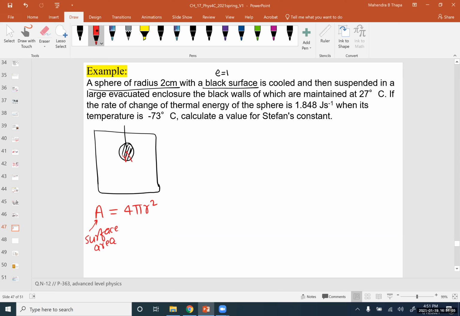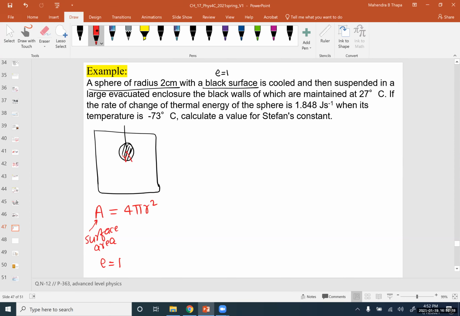This is a sphere, so the surface area will be 4 pi r squared. And they don't give you the value of emissivity E, so we consider this a perfectly black body, so your E value is 1.